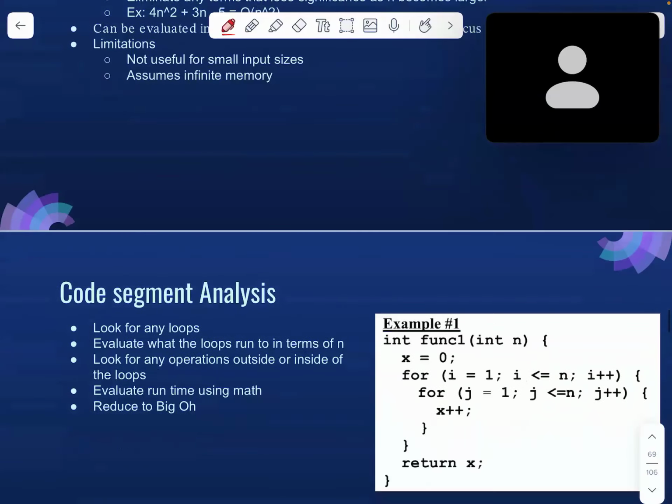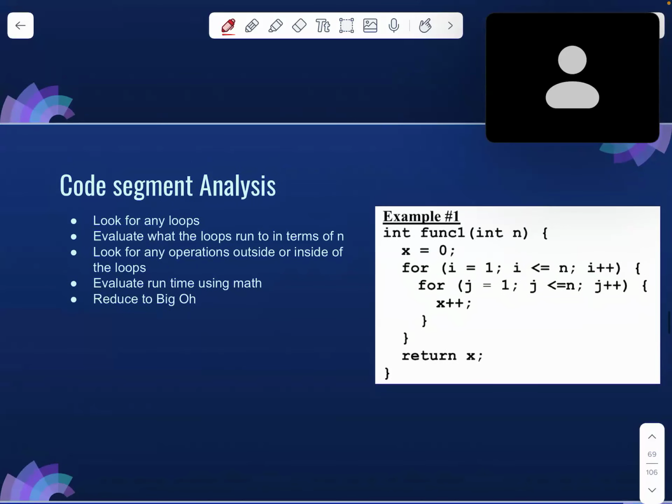And then moving on, let's say we're looking at a piece of code and we want to evaluate its runtime. The first thing you want to look for is whether we can find any loops. In this specific example, we see one loop already. Inside the loop, you want to see if there are any specific operations that will increase the runtime.